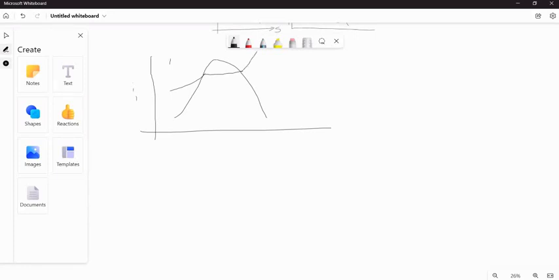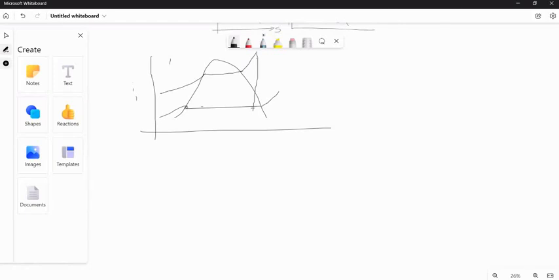Then this straight line, because I'm using it over here. Now you can see, these are the constant pressure lines.